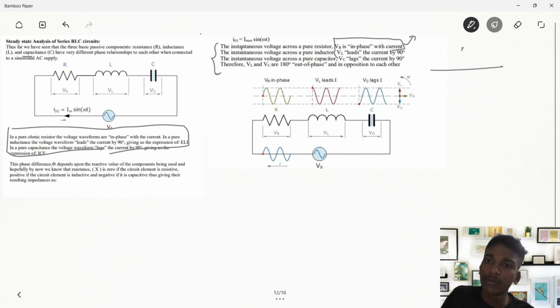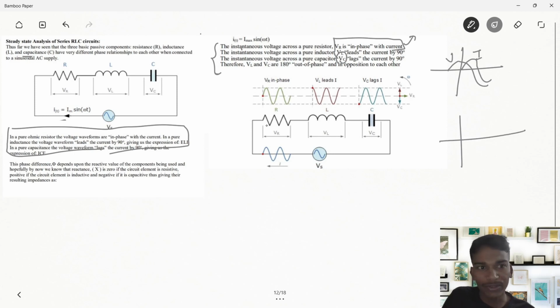That is, VL will start pi by 2 ahead of the current. The instantaneous voltage across a pure capacitance VC lags the current by 90 degrees. In the sense, as we have a normal sine curve for our I, we will draw the same thing for every curve. The thing which is going to change is the voltage.